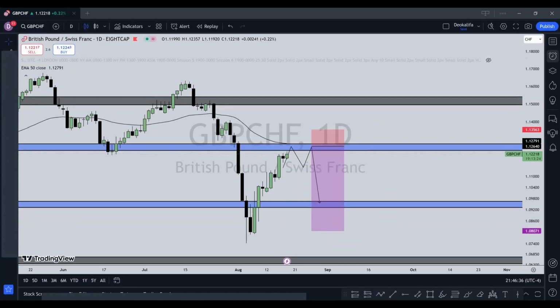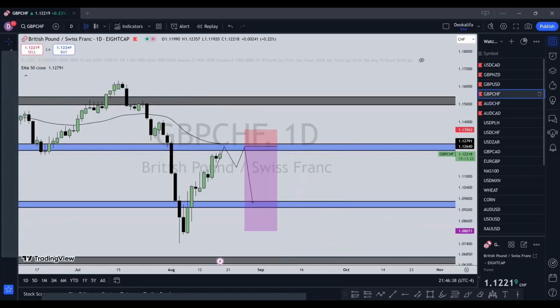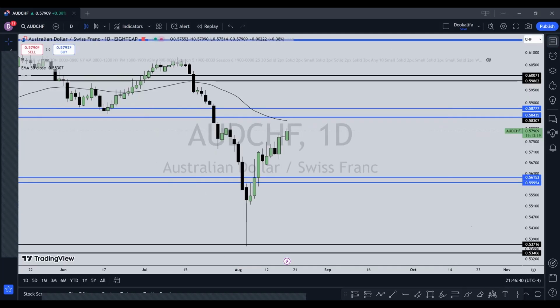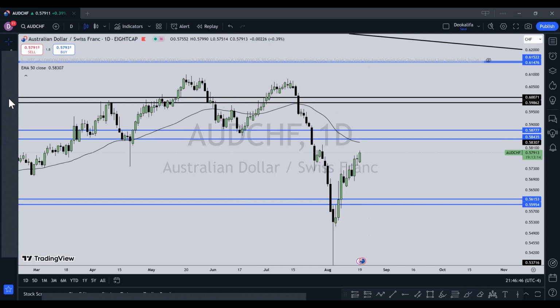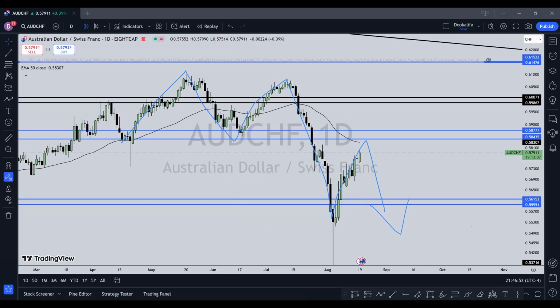The next one is going to be AUD CHF, also looking for it to the downside. And as you can see, we have a similar setup as GBP CHF. So I'm looking for price to get into this area, and you can see that we also have a fair value gap here that can add more confluence.